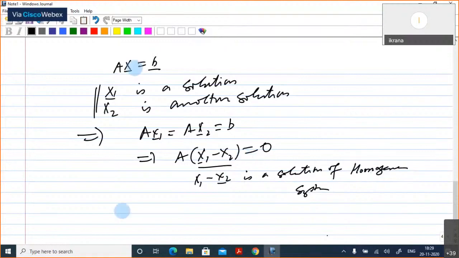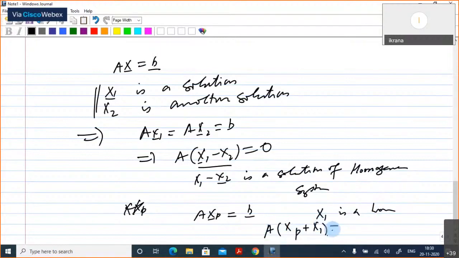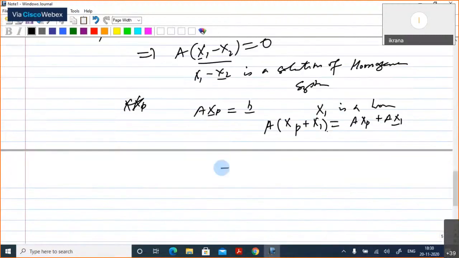If you find a particular solution xp such that A xp is equal to b, and x1 is a solution of the homogeneous system, then A(xp + x1) is equal to A applied to xp plus A applied to x1. That implies A xp is equal to b plus 0, which is equal to b.